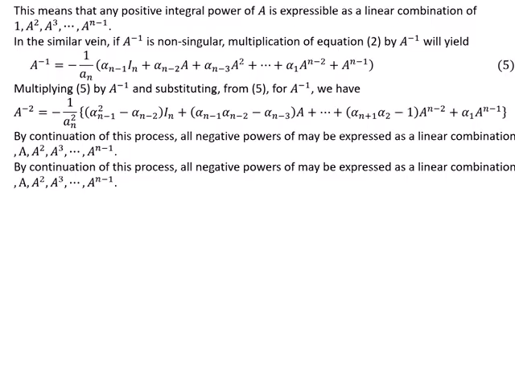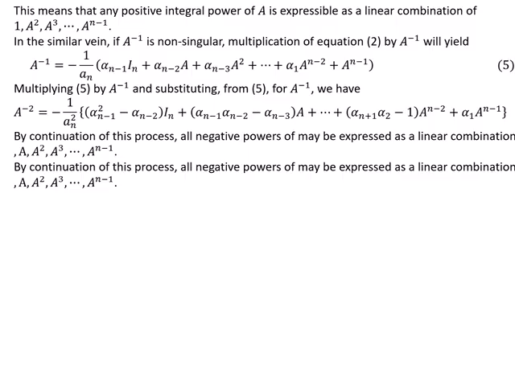This means that any positive integer power of A is expressible as a linear combination of 1, A, A raised to power 2, A raised to power 3, and so on, up to A raised to power n minus 1.